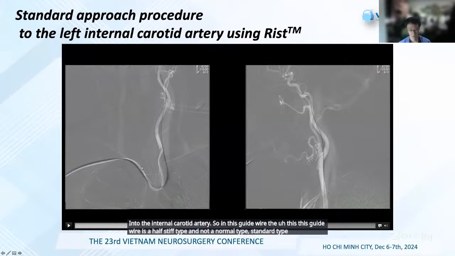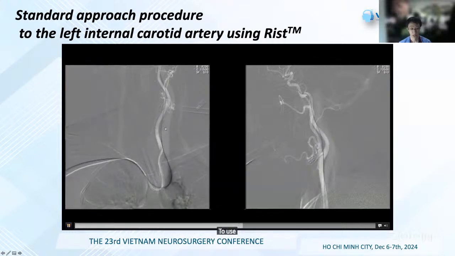With the Wrist guiding catheter, the half stiff guide wire is recommended, and we push the Wrist catheter over the first Simmons catheter. Here you can see the tip of the Wrist guiding catheter inside the distal ICA.